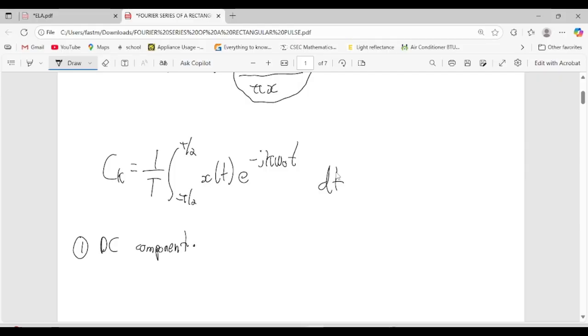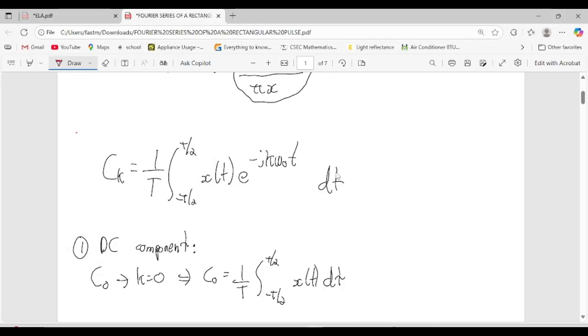That is C0, so k is equal to 0. If you plug k as 0 in, the exponent goes to 0, and anything to the power 0 is 1. So the equation becomes C0 is equal to 1 on T by the integral from minus T on 2 to T on 2 of x of t dt. Follow me here.